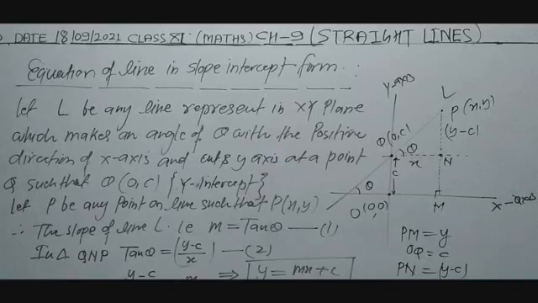Now class, this topic is completed. Now I will come to the next topic, the slope of a line in terms of coordinates, or the slope of a line passing through 2 points.